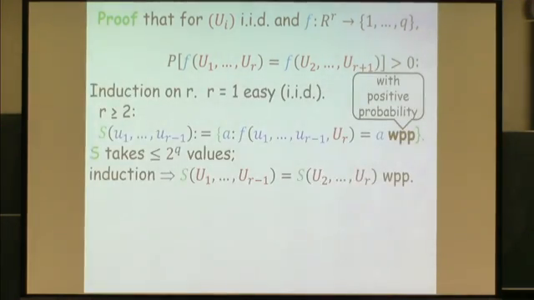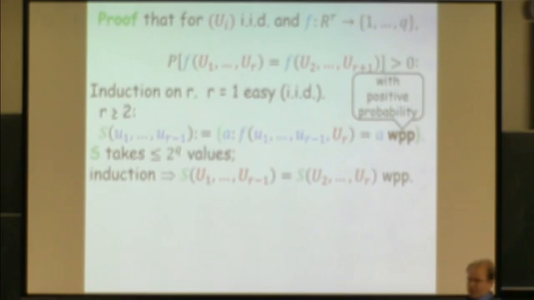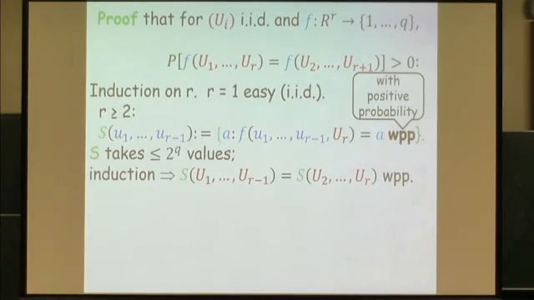So it's by induction on r, the length of the block. When r equals 1, it's easy, because you just have IID random variables. So f of u1 and f of u2 are IID, and they're discrete valued. So of course there's some chance that they're equal. Now for r greater than or equal to 2, here's the key step. Define a set-valued function of r minus 1 arguments.